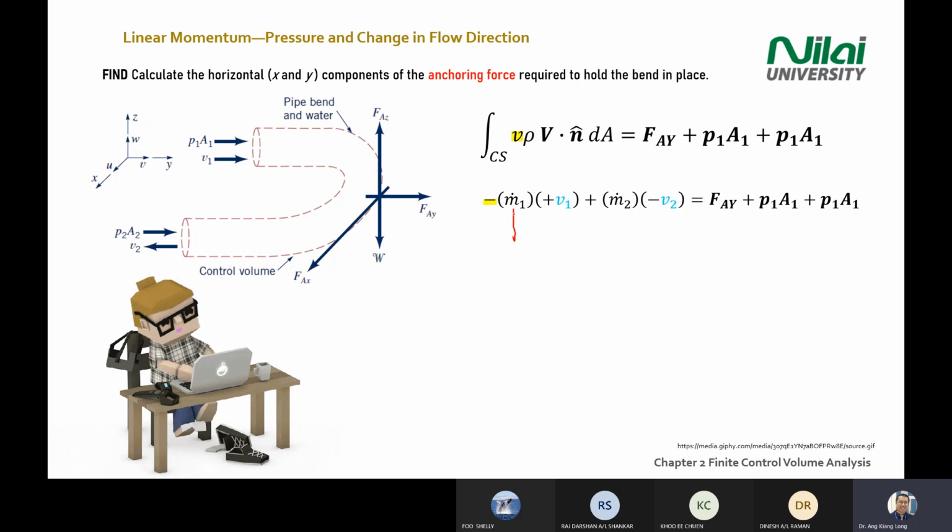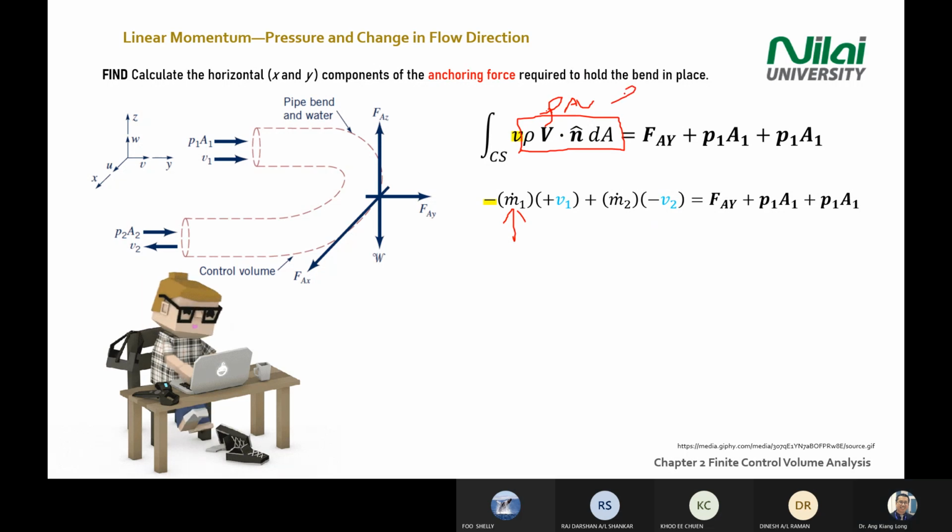Next, in the previous example, I explained how the combination rho AV or rho VA gives you m dot. So same here: you have one m dot here and another m dot here. This is 2, this is 1.